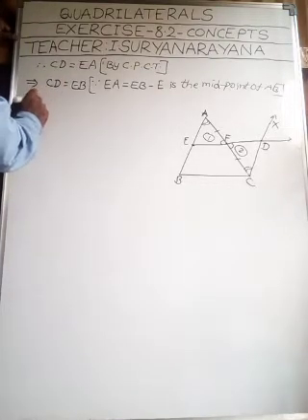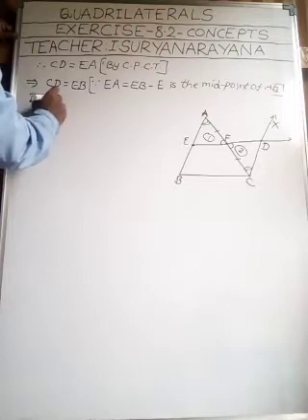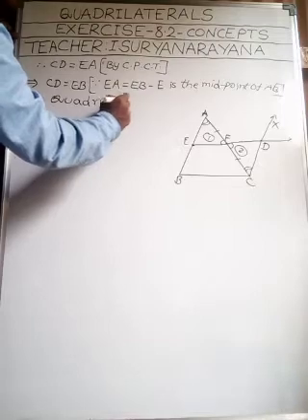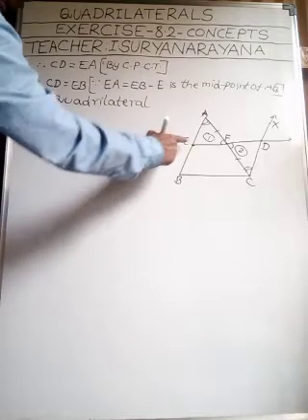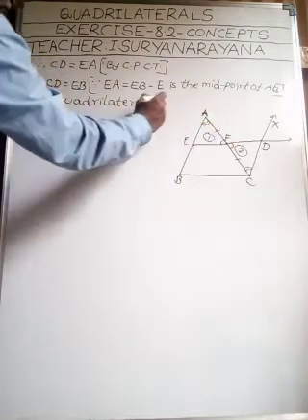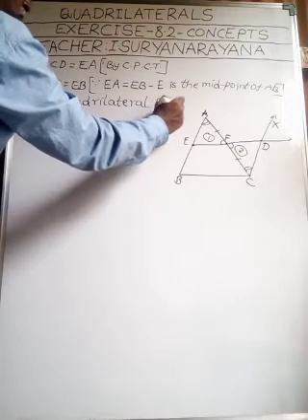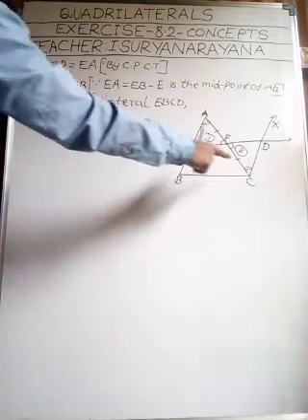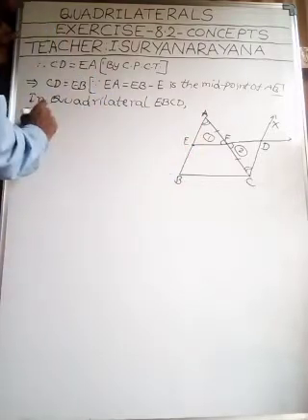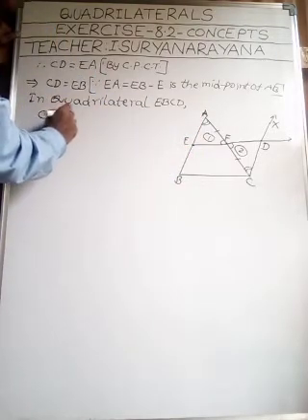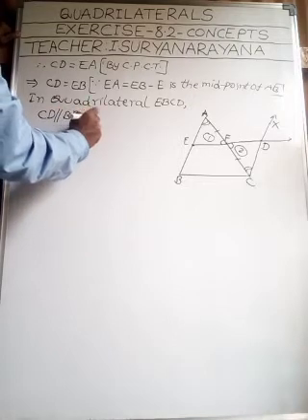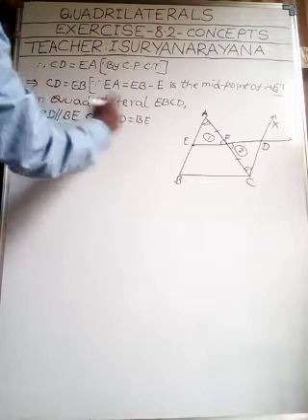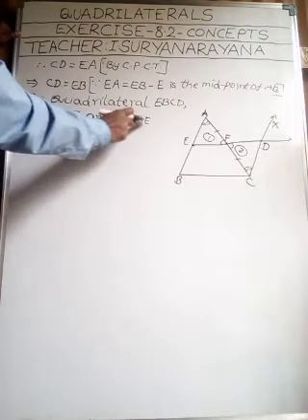So in quadrilateral EBCD, CD is parallel to BE, and CD is equal to BE.